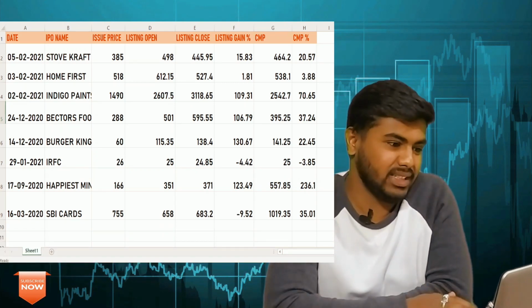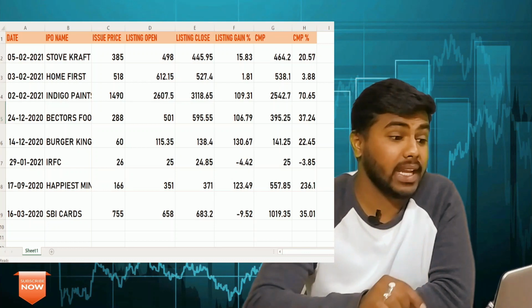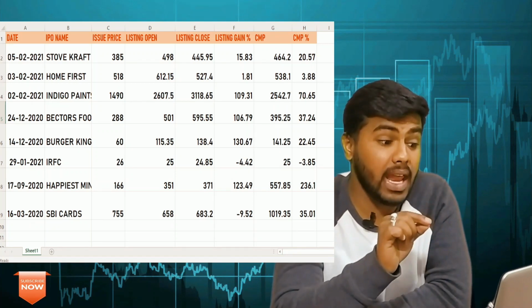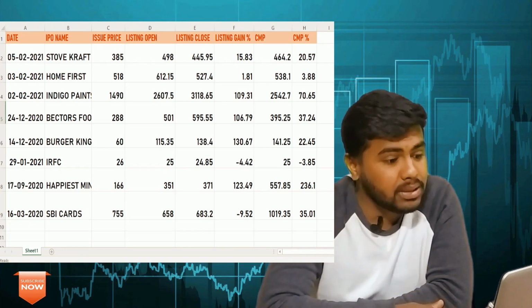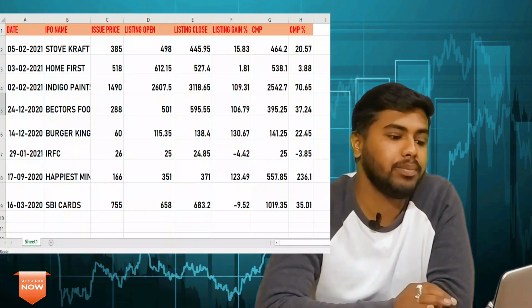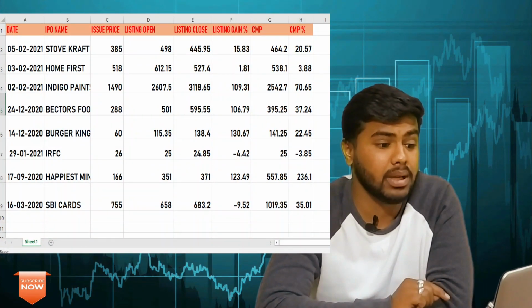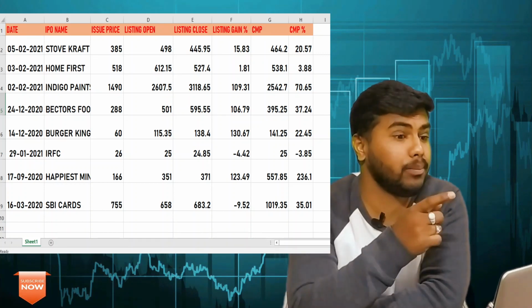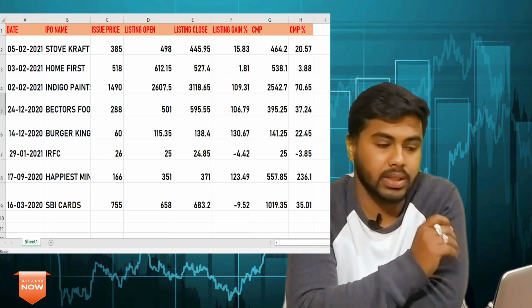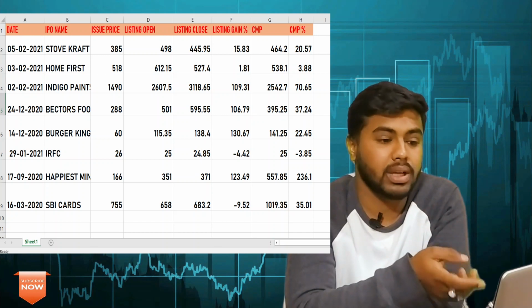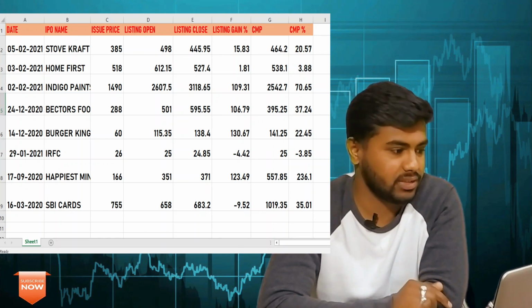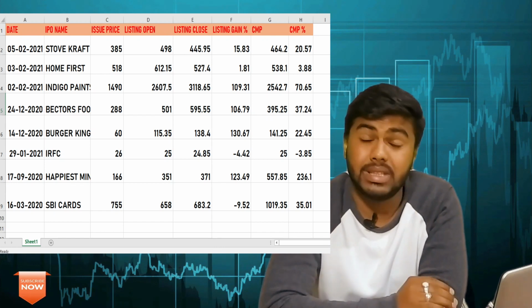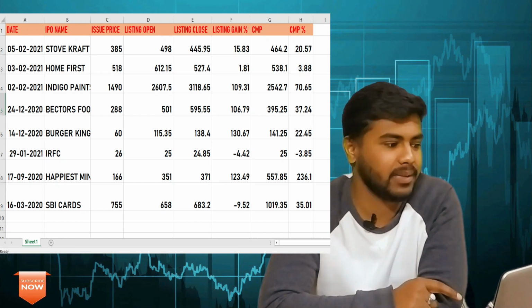This is a lot of amount, because we are getting a listing gain percentage of 109.31%. And currently it is trading at 70.65% gain compared to the issue price. If you had bought the IPO on the issue date, the current percentage of gain you will be getting is 70.65%. This IPO was issued only in February.